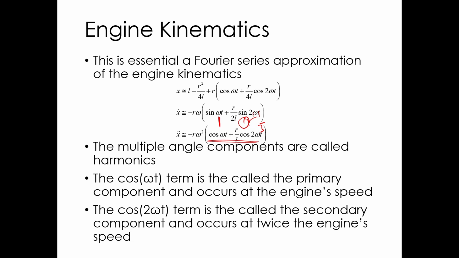So this cosine omega t term is the primary, and this cosine 2 omega t is the secondary in an engine. We have a primary, and a secondary component that's at twice the engine speed. And do we have higher order terms?